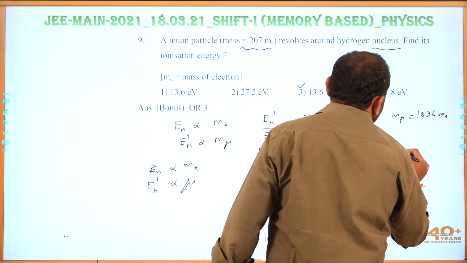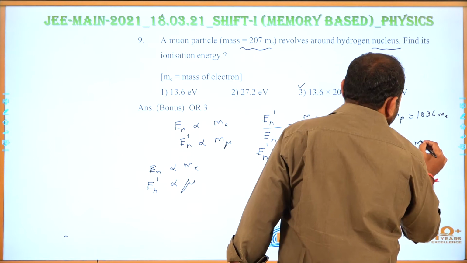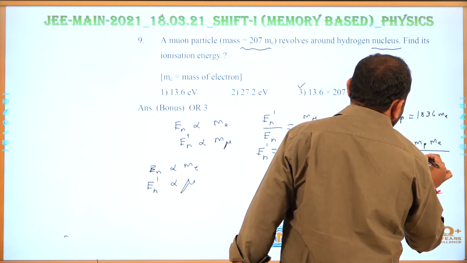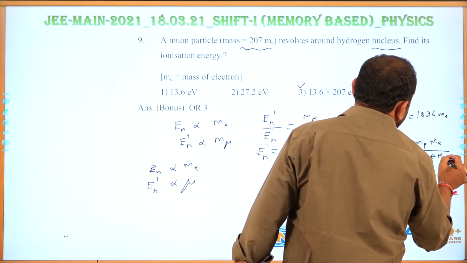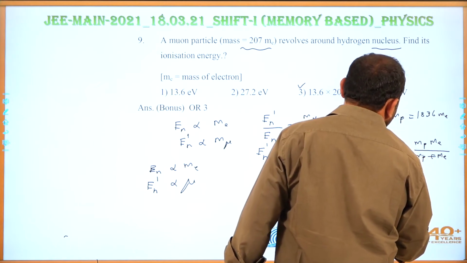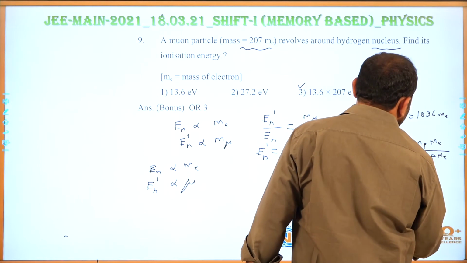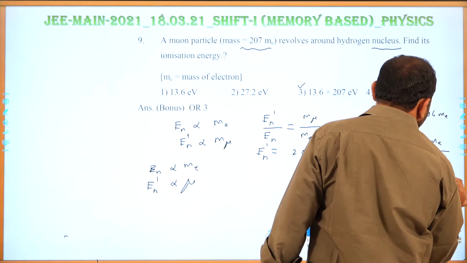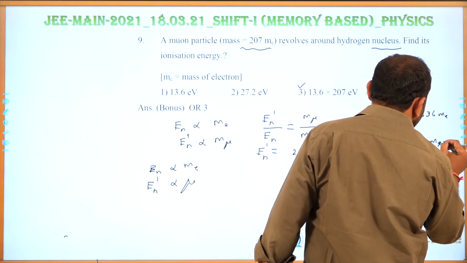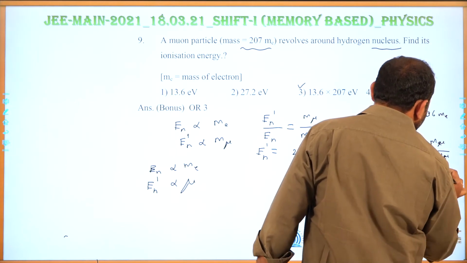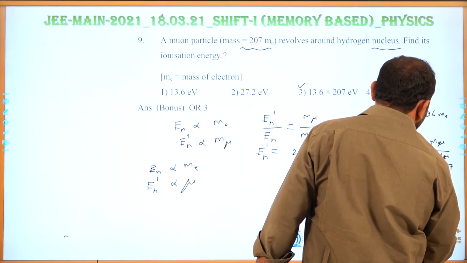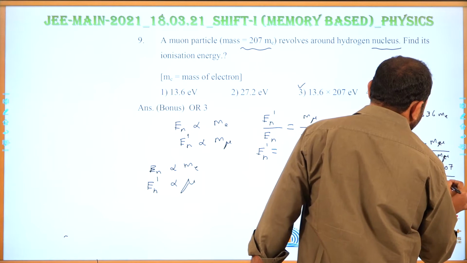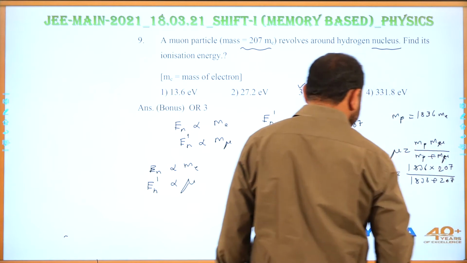So the reduced mass will be Mp into Me by Mp plus Me. This will be equal to 1836 times the mass of electron into, this is the muon actually, 207 divided by 1836 plus 207.